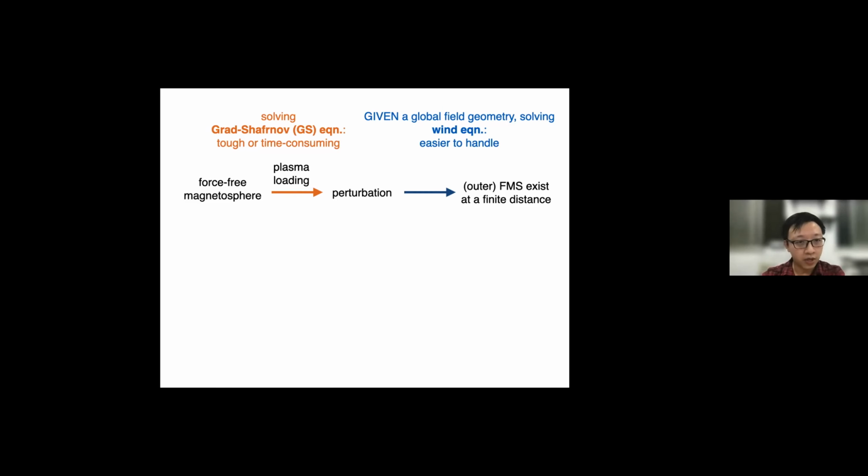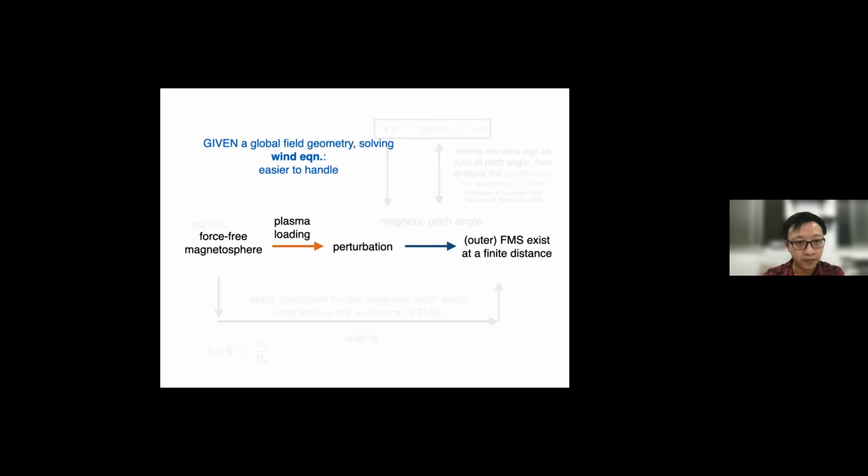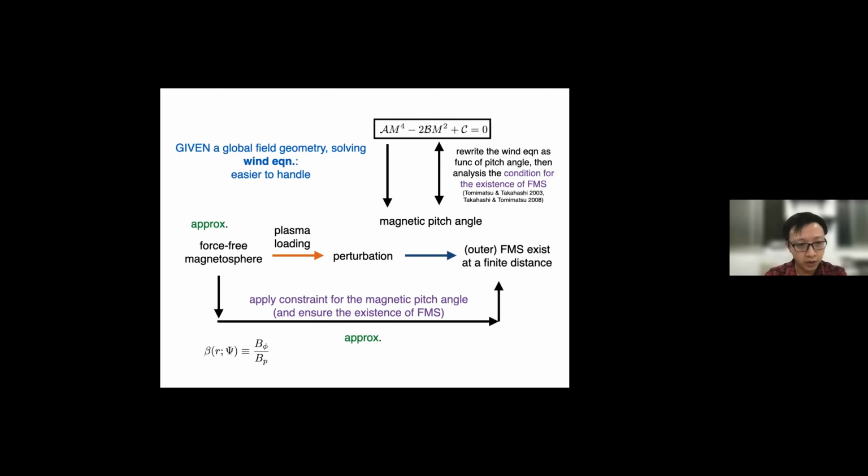However, considering all of this is difficult because we would have to take into account the trans-field equation. So instead, we can use an approximation. We can apply a constraint on the magnetic pitch angle, and force the existence of the fast magnetosonic point.